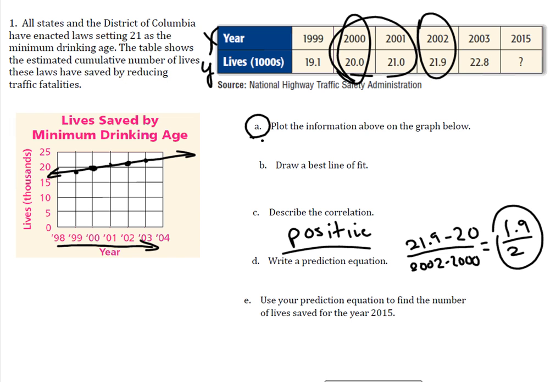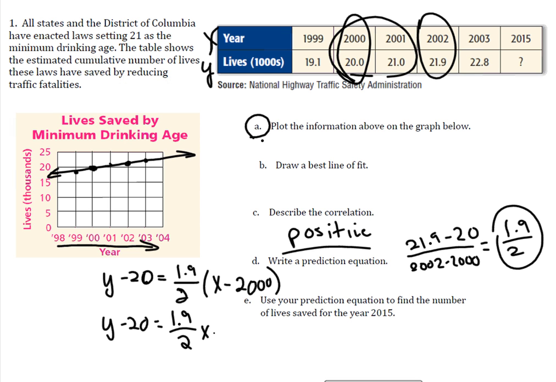I'm going to use that slope and one of the points, so I'll use 20 and 2000. So y minus 20 equals 1.9 over 2 times x minus 2000.